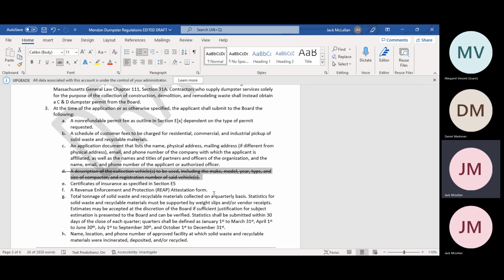Okay, so I'm good with that. Like I said, on section E, permitting, I was willing to omit D and omit G, and I was happy with everything else except for, I see another change, on a non-refundable permit fee as outlined in section X. Just check that.